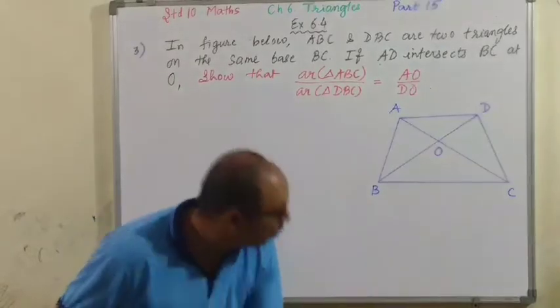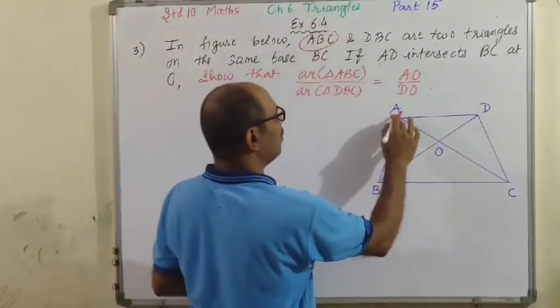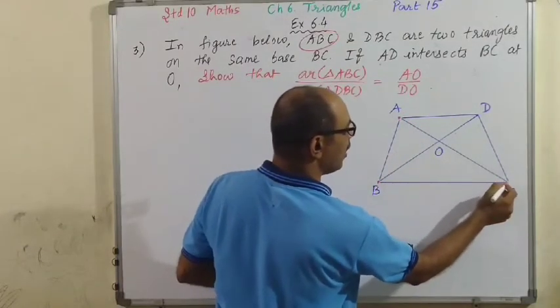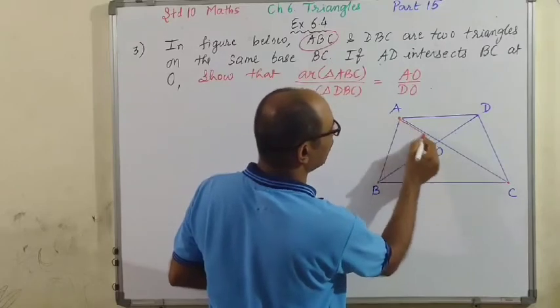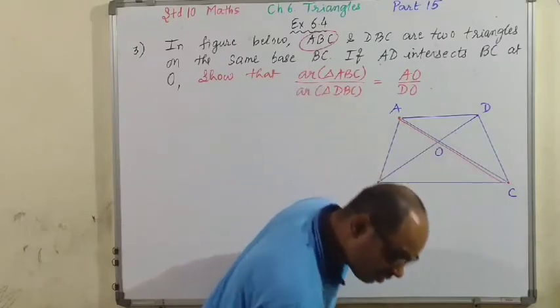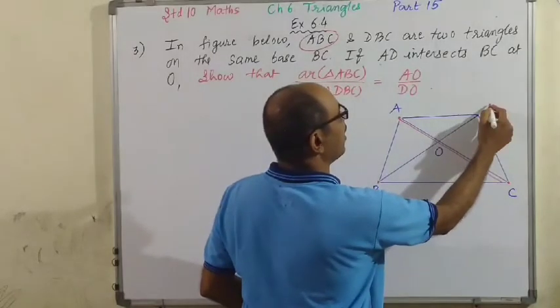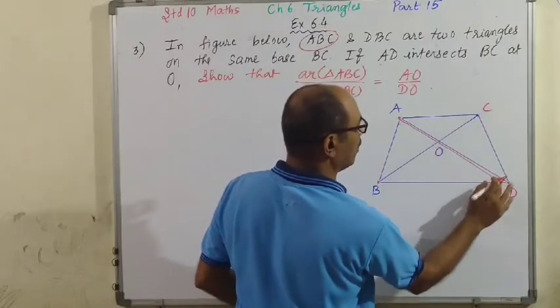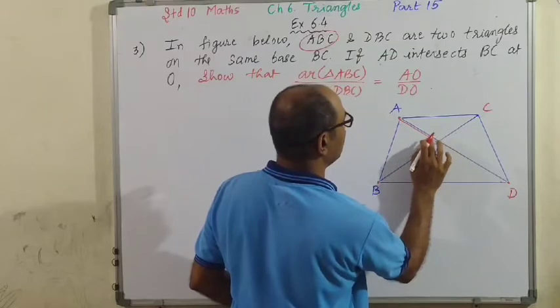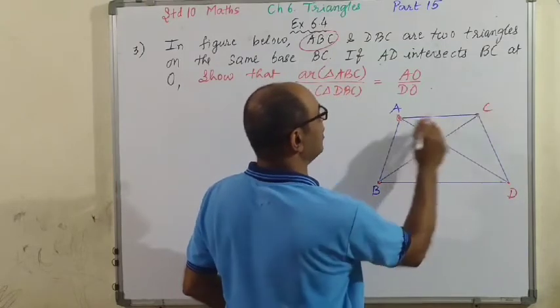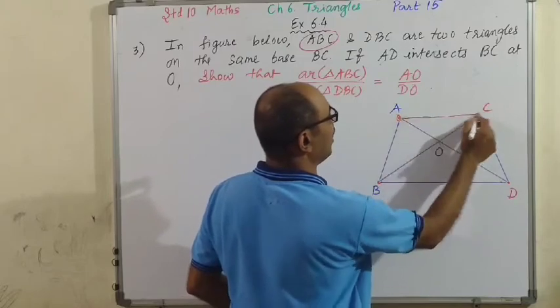We'll see that. Okay. ABC, let me make it red. A, B and C. So it is A, B, C, D. I have wrongly done this. A, B and C is here. So this will be triangle ABC.